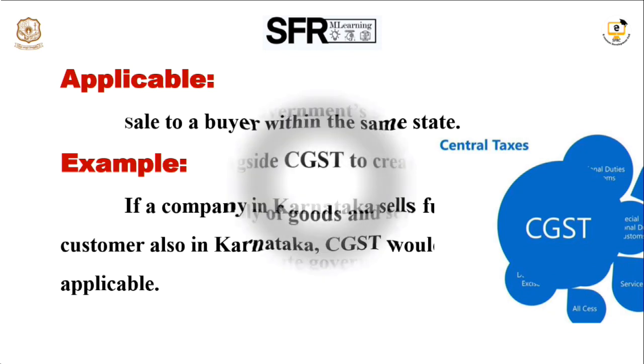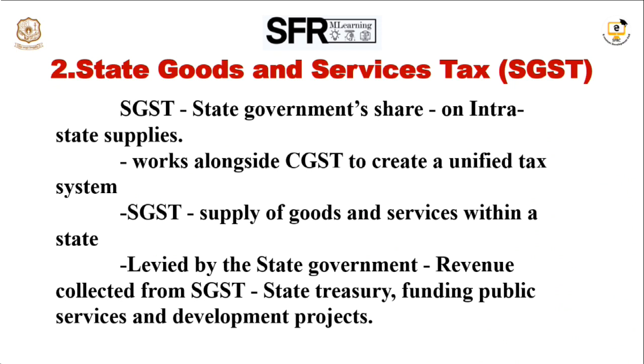Next, State Goods and Services Tax. It's also shortly called SGST. This SGST is the state government share of the GST on intra-state supplies. This works along with CGST to create a unified tax system all over India.